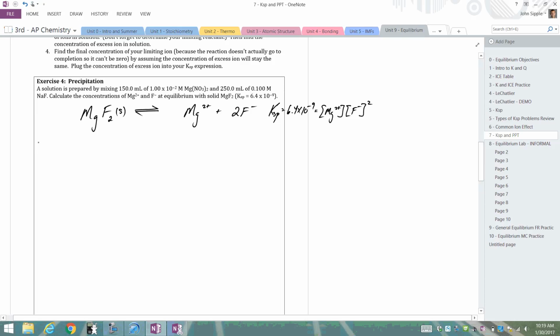Okay, so first thing, you have to find the concentrations of magnesium and fluoride floating around. Our concentration of magnesium is going to be equal to, we've got to use this data here.